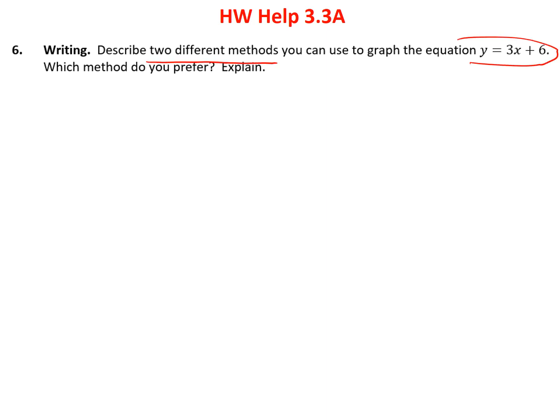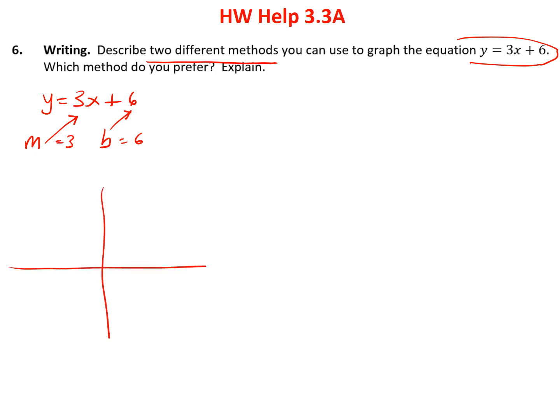Well, one method we've seen already is if I look at y equals 3x plus 6, then I know that my slope is 3 and my y-intercept is 6. So if I'm drawing a graph here, I can come up to 1, 2, 3, 4, 5, 6 and put my point right there.